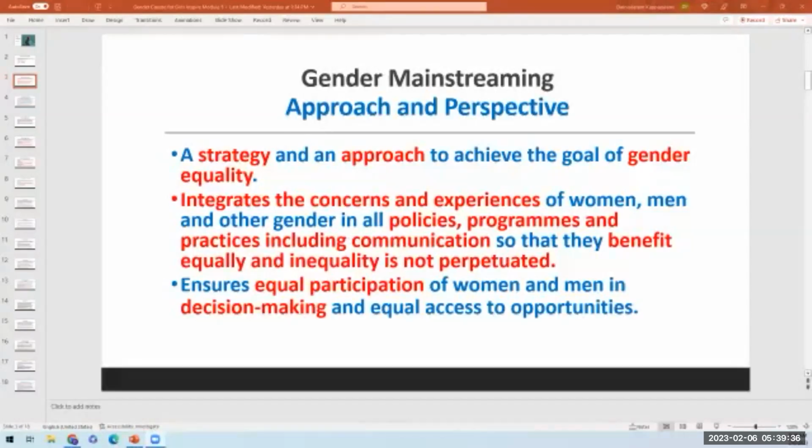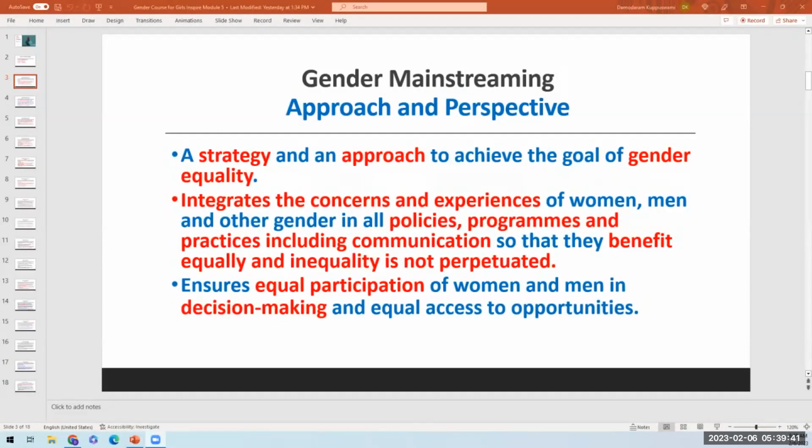Martha? Thank you, Prof. In addition to Nancy, I understand that we need to integrate the concerns, the needs, and the experiences of both men and women when we are doing laws, policies, programs, and projects, so that they are all addressed and accommodated equally.